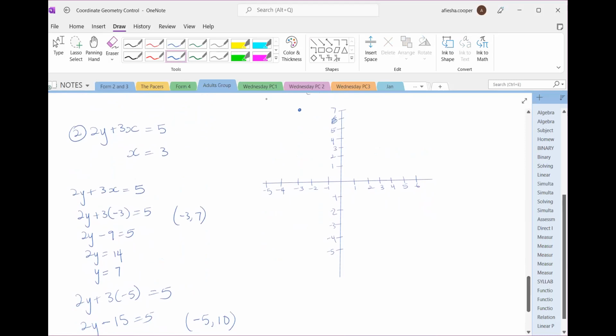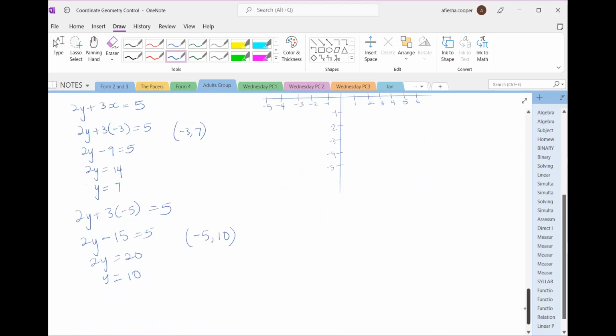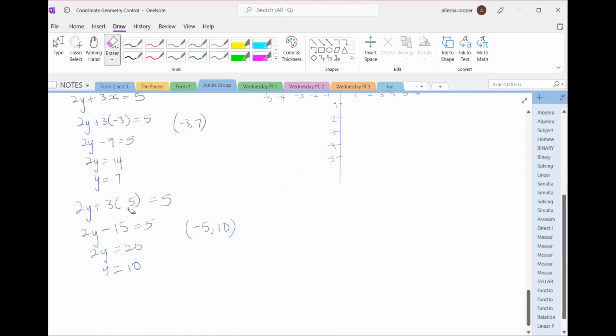So that will be somewhere up here, but we don't want that. We want something on the other side of the graph so we can connect, making sure we cross the axis. So we could try a positive number. Right? So 4, that's 12, that will be -7, that will be -3.5.